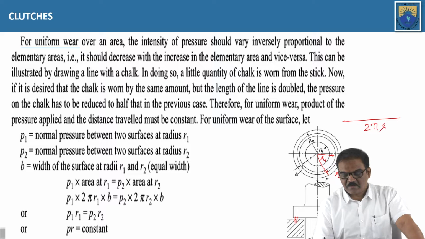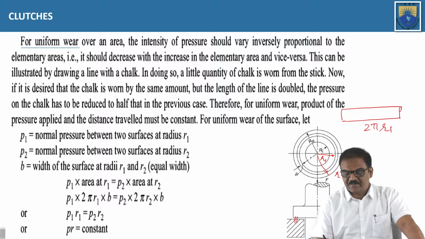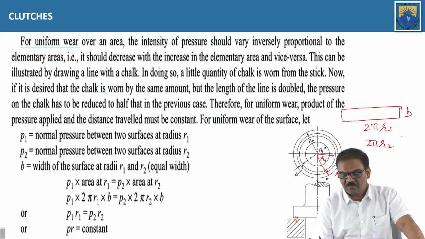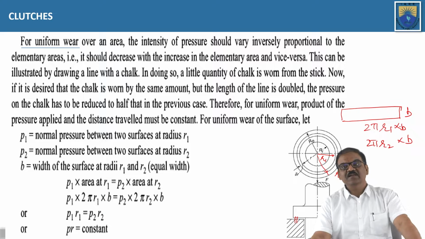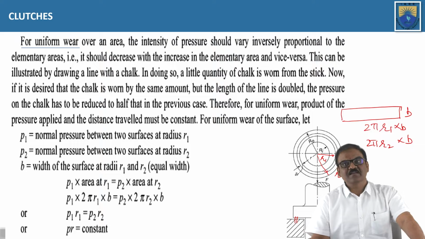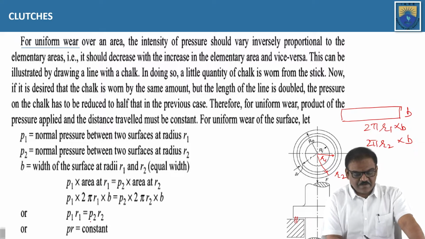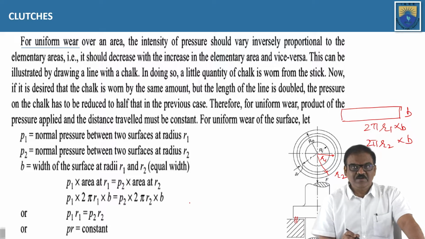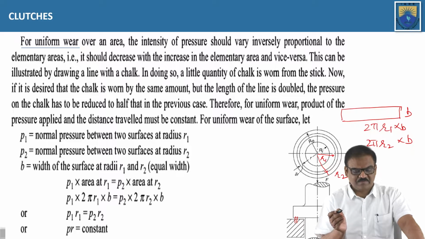In the second case, it is 2 pi R2 into B. B is constant, but the area is different in both cases because of the radius. We assume that it is uniform wear at both the areas.